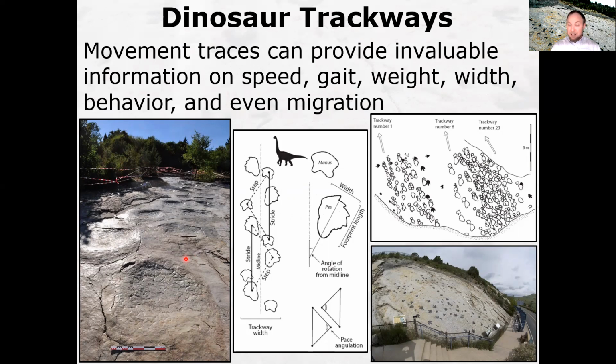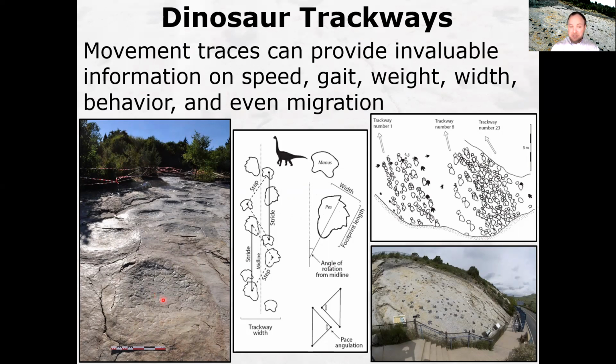Which one? We don't necessarily know that, unfortunately, but we can see that obviously it was very large, massive, and we can tell from how deep the footprints are how big it was, how much it weighed, because we can estimate the compressibility of the sediment and how much it would squish under a given load, and we can back calculate how big that dinosaur would be.